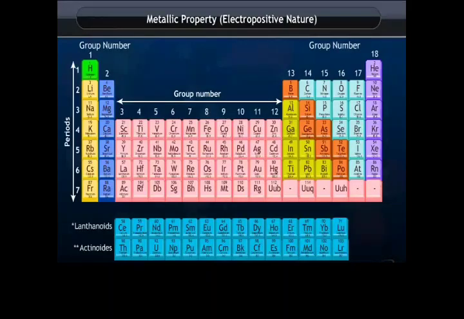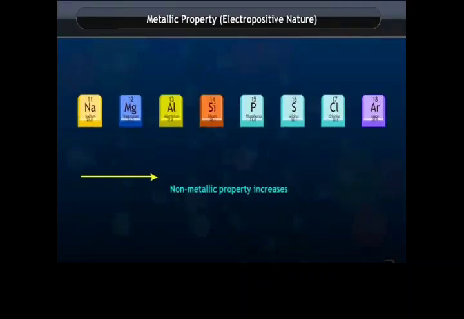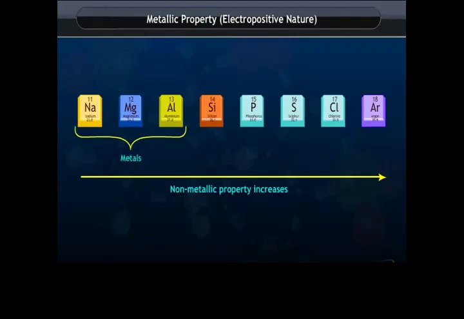Metallic property, electropositive nature. In a period, the metallic property of the elements decreases from left to right. For example, in the third period, sodium, magnesium and aluminium are metals. Silicon is a metalloid, and phosphorus, sulfur, chlorine and argon are non-metals.